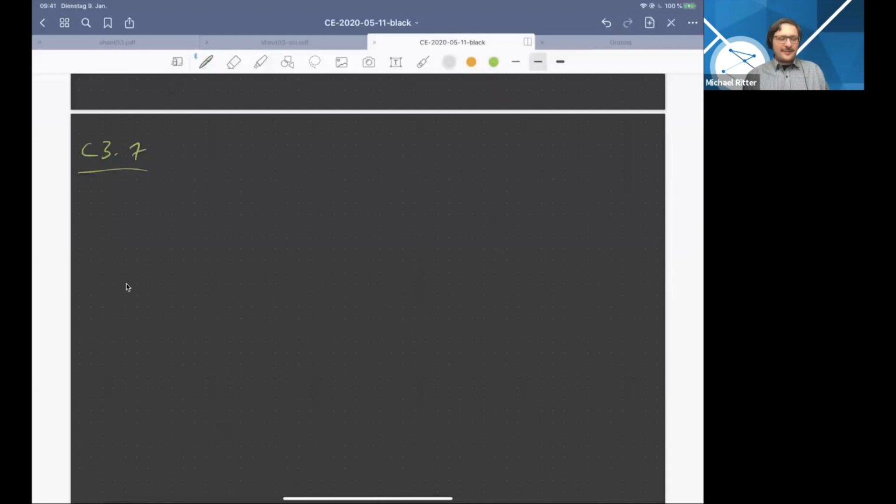Okay, so in 3.7 we have the set S defined in the following way. We take all points x1, x2 in the plane in R2 with the property x1 plus x2 squared is less or equal to 4. And the basic question is: is that set open?